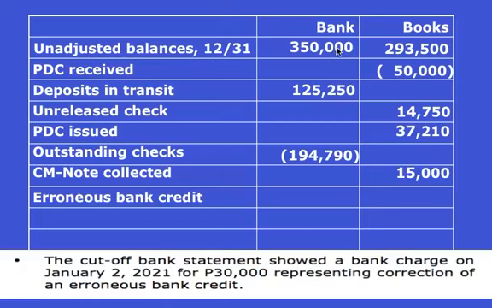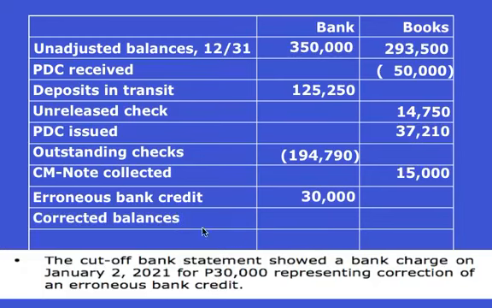So, the bank balance overstated. So, deduct from the bank balance. Okay? So, erroneous. Bank credit. Okay? So, na-correct siya January. Now, no other recon items noted.